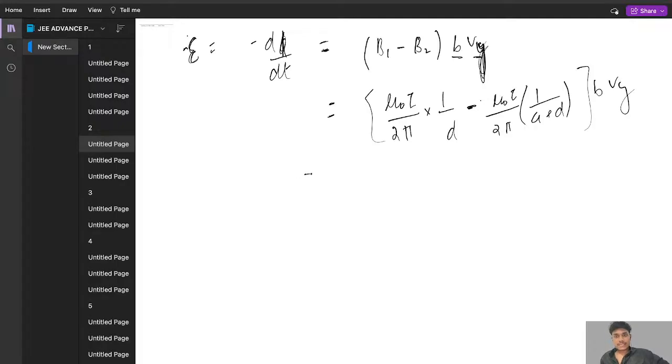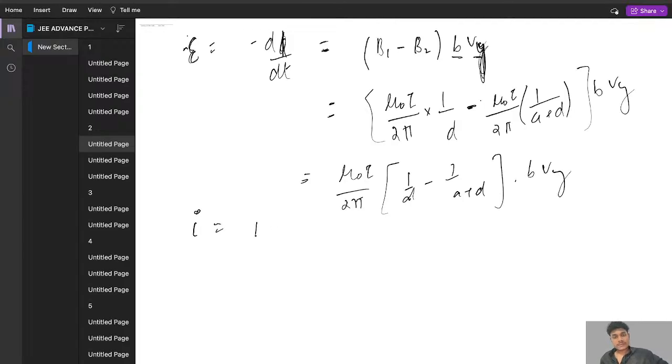From here we get mu naught I upon 2 pi, 1 upon d minus 1 upon a plus d, into b vy. From here we get current is equal to 1 upon R into mu naught I upon 2 pi into 1 upon d minus.